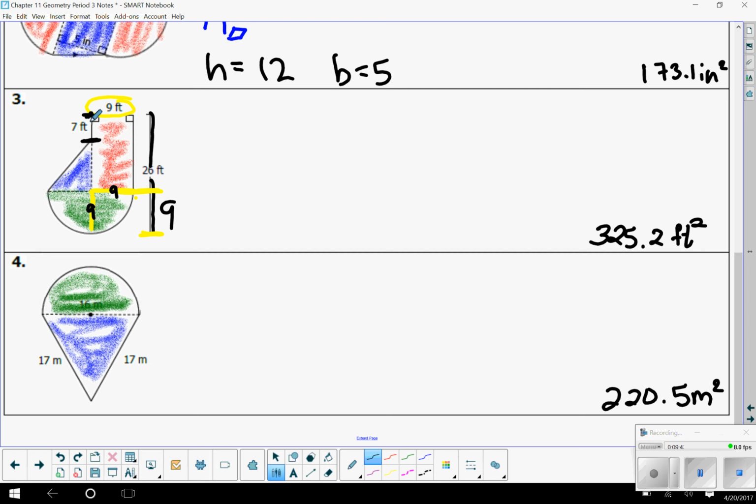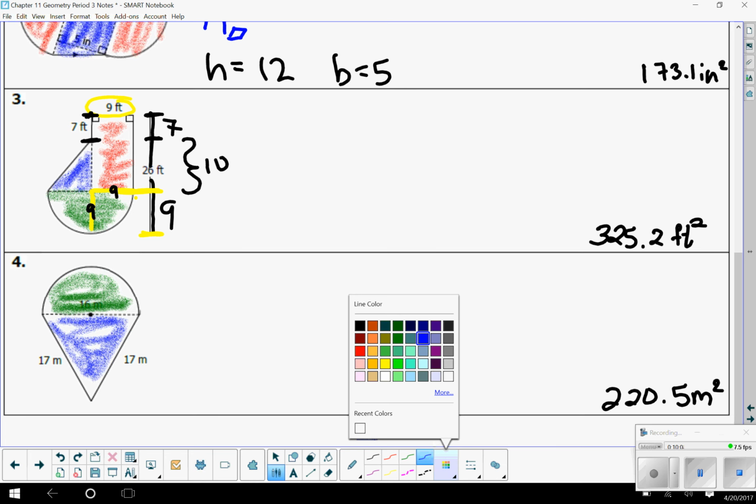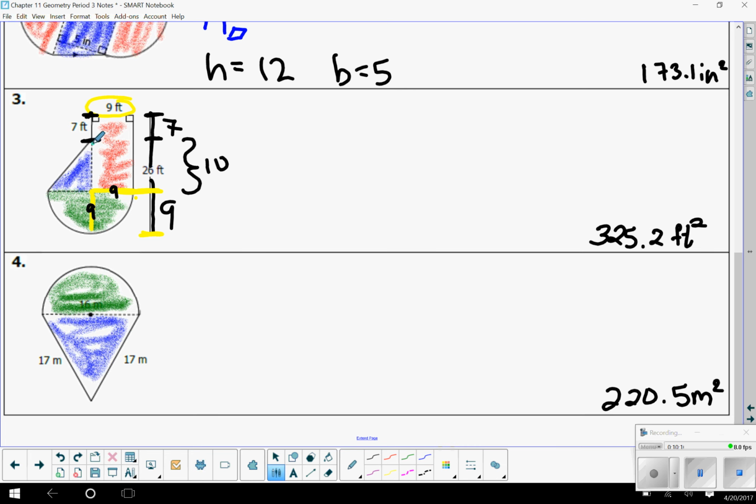From there to there is 7, which means from right here to right there is 7. So what is it from right there to there? 10. Which means that is right here. Is that 10?